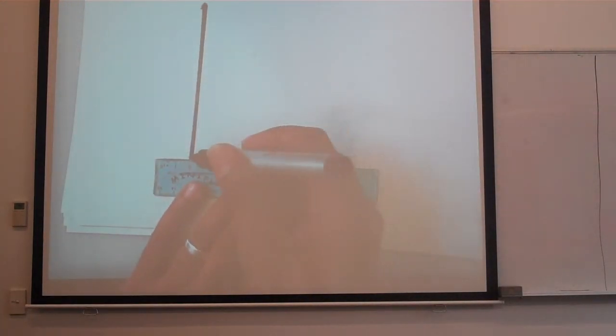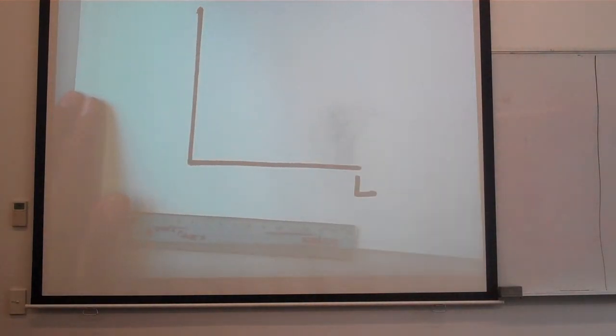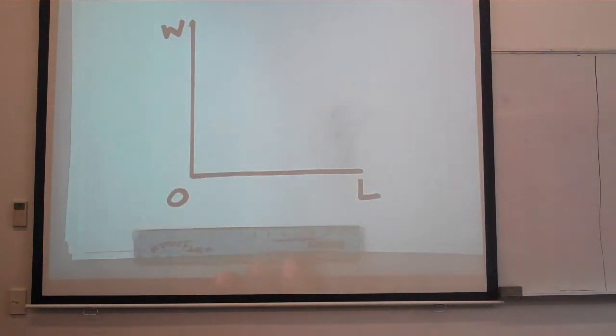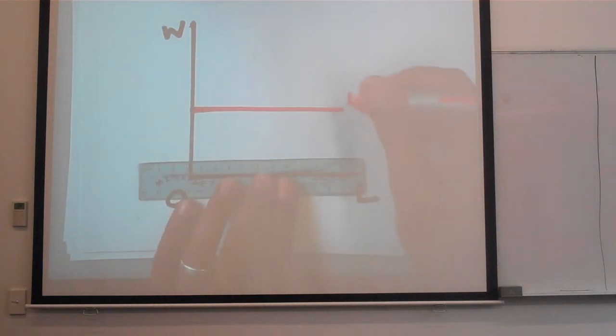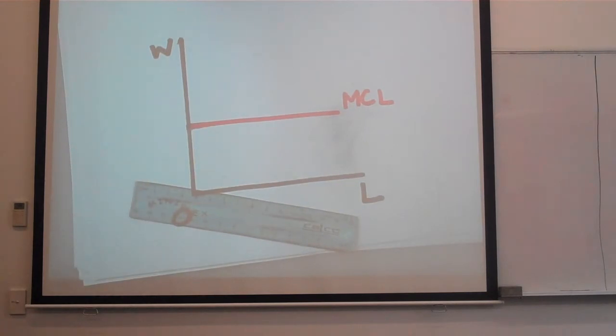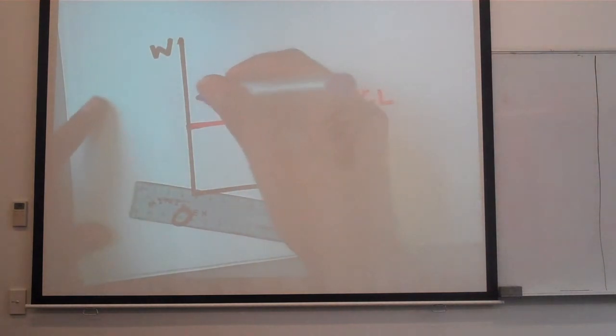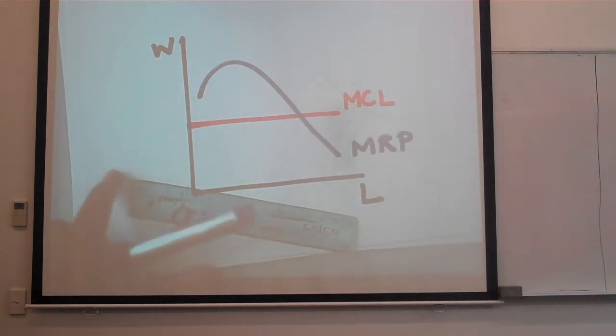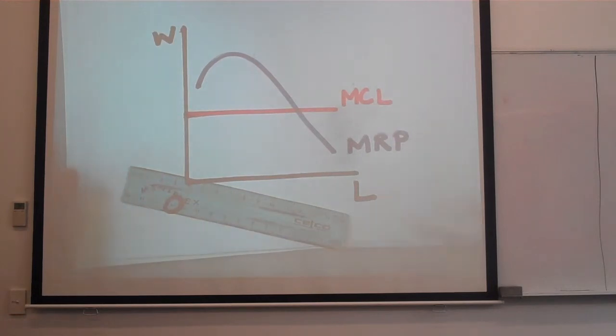To derive our model of the labor market, we've got labor on the horizontal axis, the wage on the vertical axis. MCL is a horizontal line. MRP has the upside down U shape.